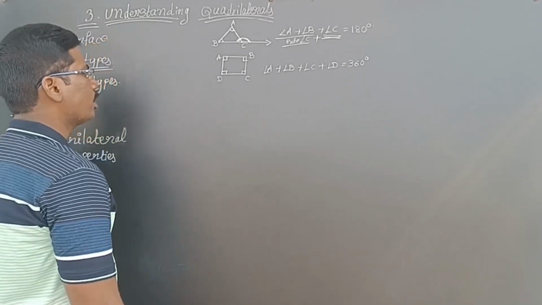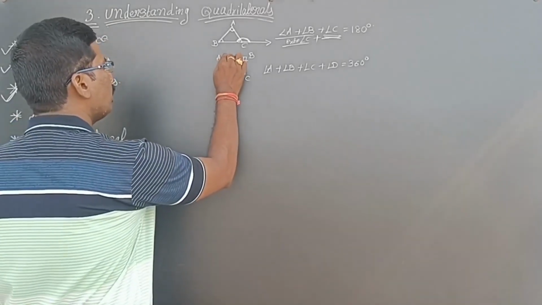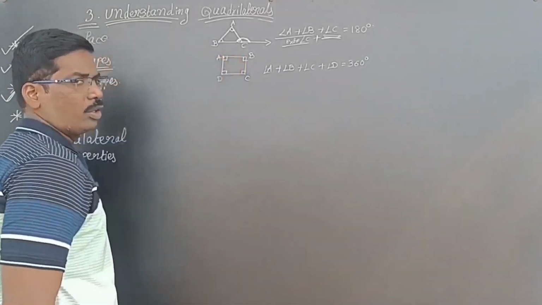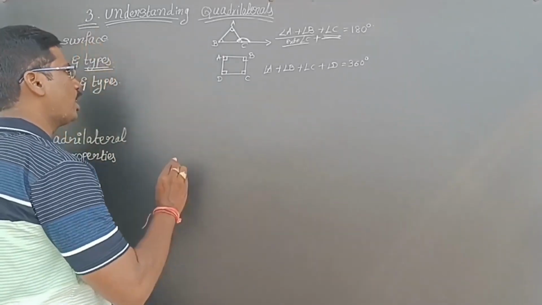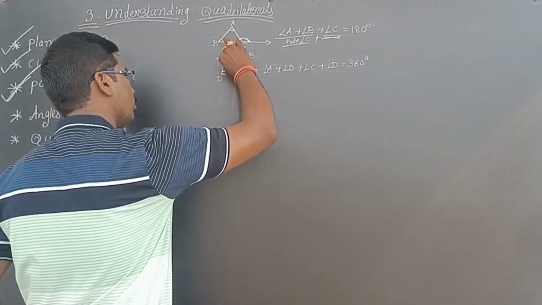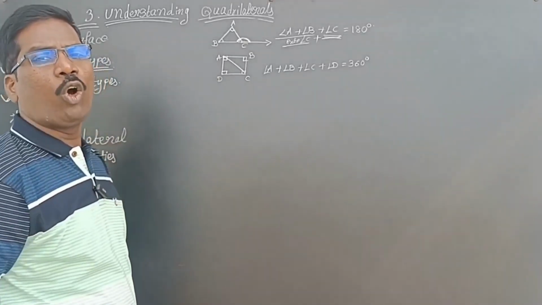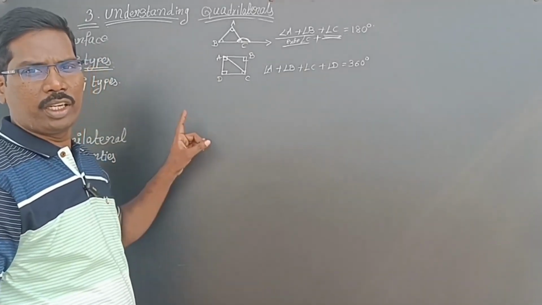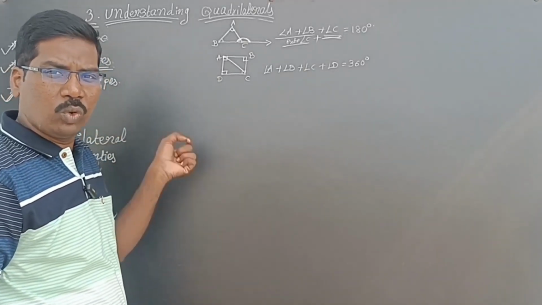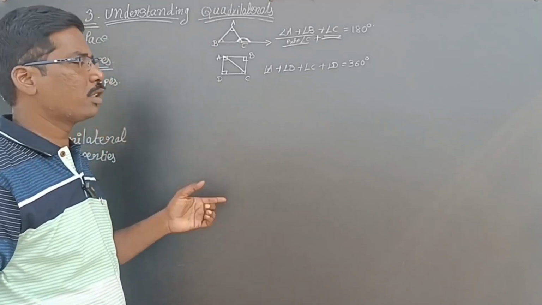So what is the common point? From the starting, only one vertex, that is vertex A, I am drawing the diagonals. Using vertex A, how many diagonals am I drawing? Only one diagonal, there is no other chance.